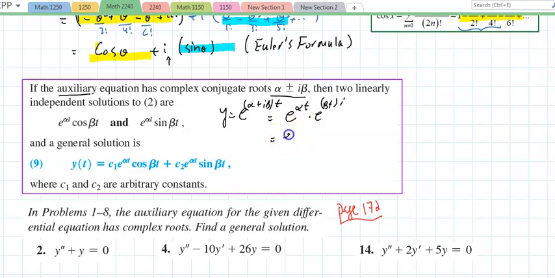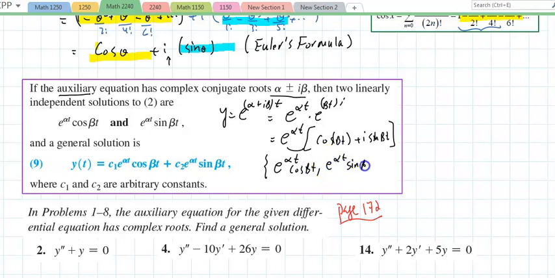And based on what we have up there, that's e to the alpha t times cosine of beta t plus i times sine of beta t. And we say the fundamental set is, if you distribute that in, e to the alpha t cosine of beta t, and e to the alpha t sine of beta t, meaning any multiple of those will do, and there's the solution.